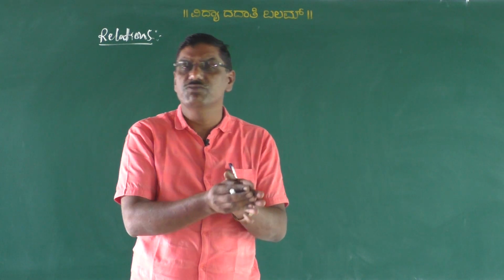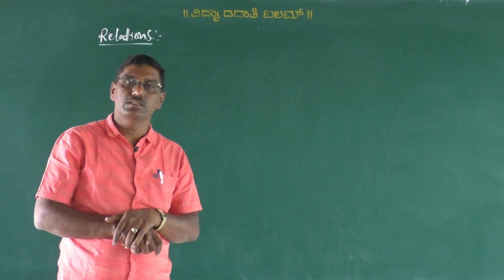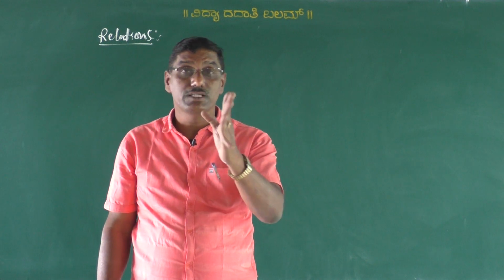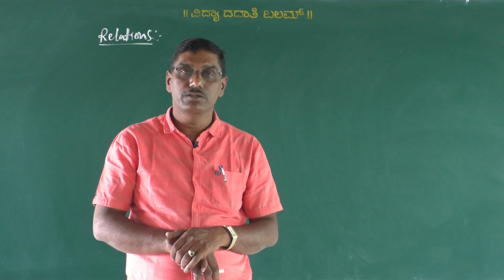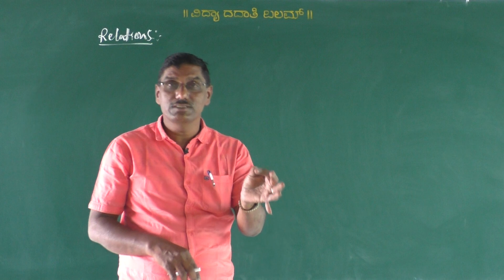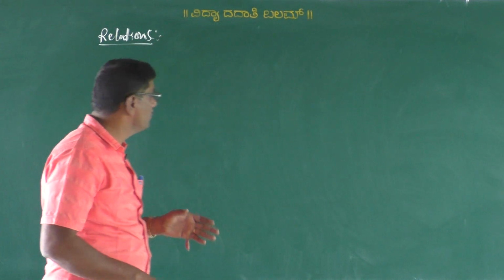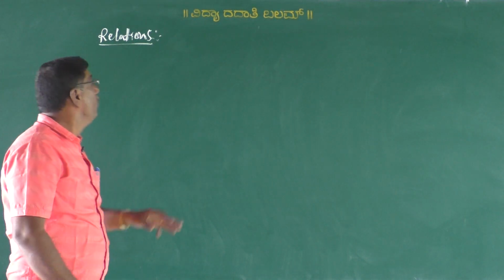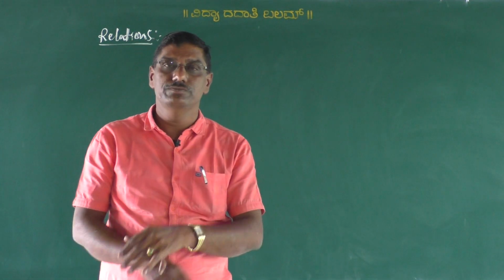We see a number of examples in daily life, and also in mathematics: the number m is greater than the number n, p is a factor of q, A is a subset of B. Such examples we can give in number, isn't it?